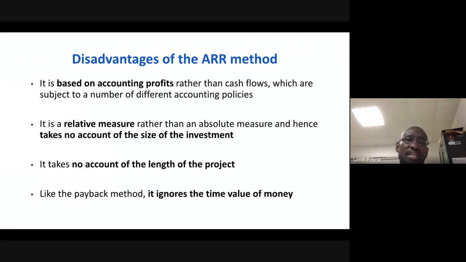Look at the disadvantages: it is based on accountant's profit. All what I was explaining: accountant's profit is not reliable. Let's look at, for example, IAS 16. IAS 16 is about PPE. For PPE, you have at least 2 or 3 depreciation techniques that are allowed, and each of those depreciation methods has an implication on your profit.